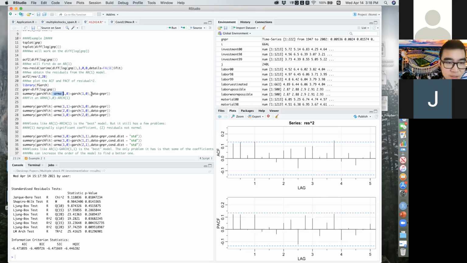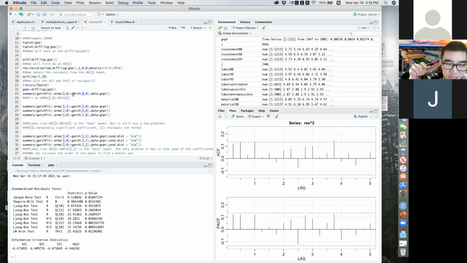This is what the command means. The data we use is this GMPR, which is the diff and the log, so the transformation of the GNP data. The ARMA part is easy: it's just 1, 0. And the GARCH part is 1, 0. If it's just an ARCH1 model, it's just GARCH 1, 0.